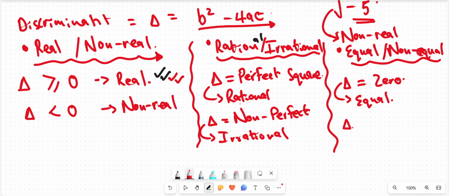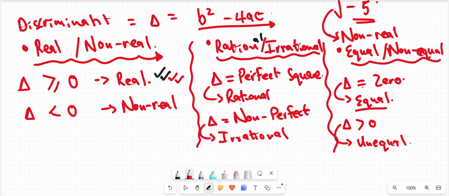But if the discriminant is not equal to 0, so if it's equal to any number greater than 0, then we know that the roots are unequal. So what does that mean? Sometimes you do get unequal rational roots and unequal irrational roots, but you can never get equal roots that are either rational or irrational. So take note of that.